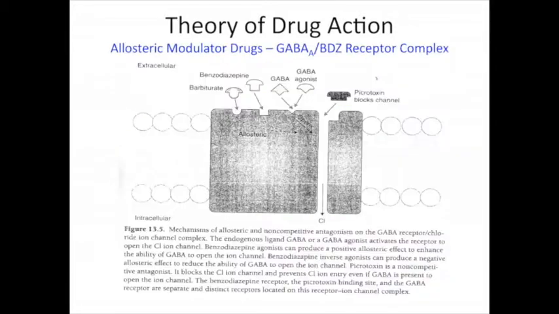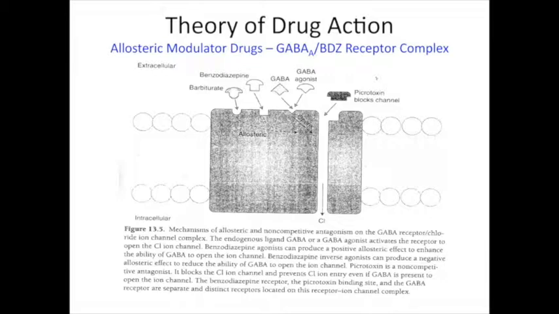This is another cartoon from your text. I don't like this cartoon as much, but since it's from the text, I threw it up there. This is another cartoon of the GABA-A benzodiazepine receptor complex. It's a polypeptide stuck in the membrane. On the outside, you have a GABA receptor.